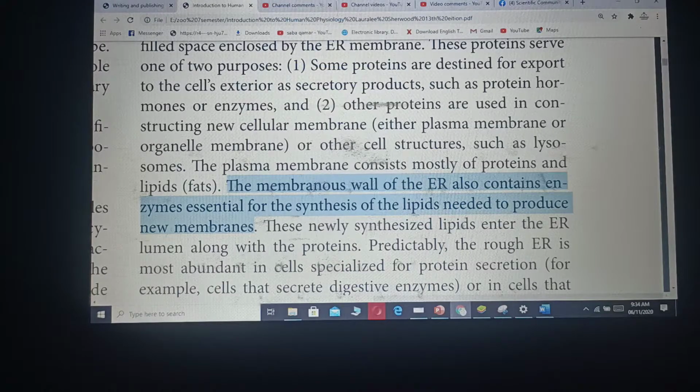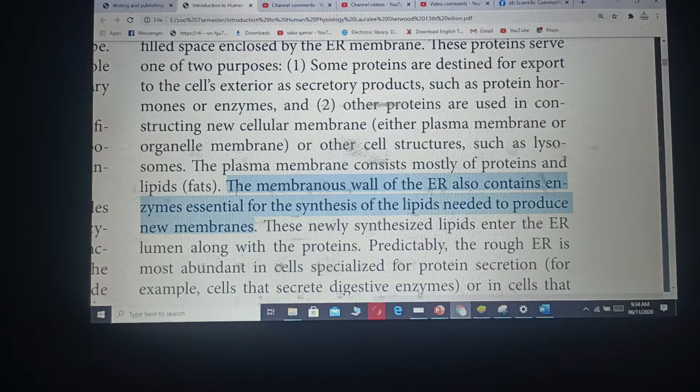The rough endoplasmic reticulum contains two main components: one is enzymes, the second is ribosomes. So always remember that there are certain enzymes that may be attached to the rough endoplasmic reticulum.